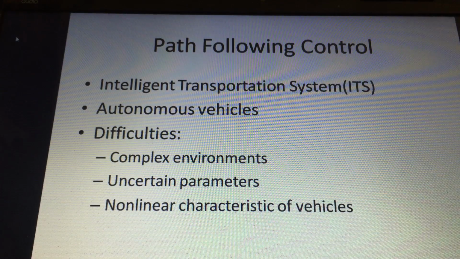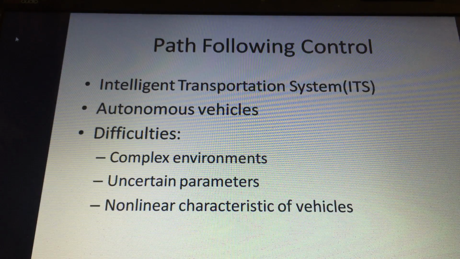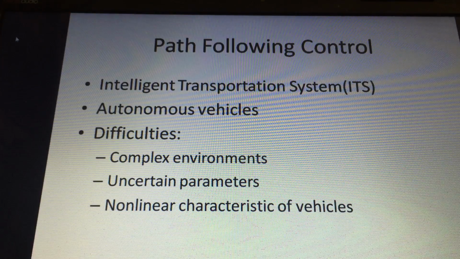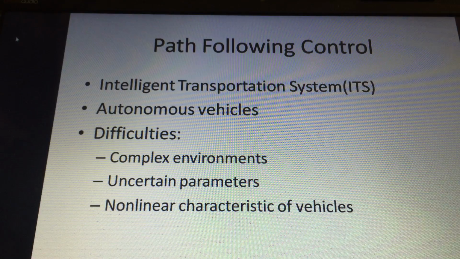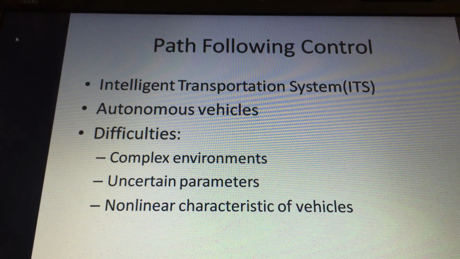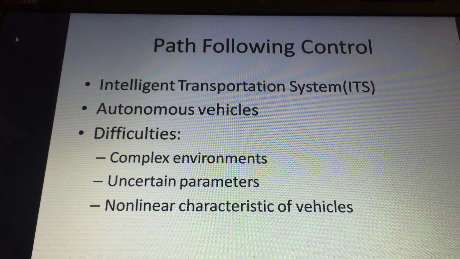Okay, and then we come to the third use case. It's the pace flowing control. With the development of intelligent transportation systems, the applications have increased in the military and aerospace.